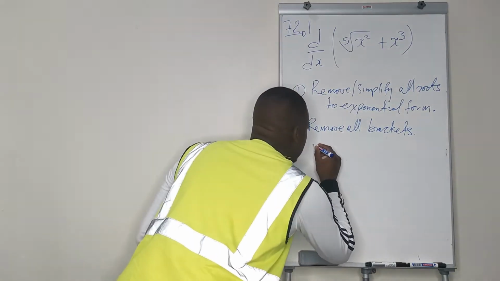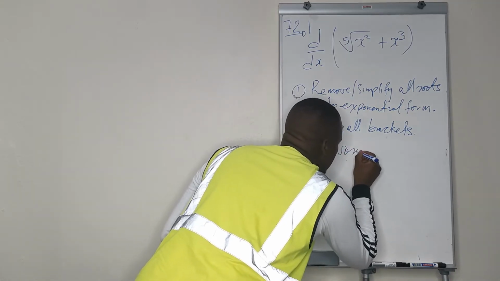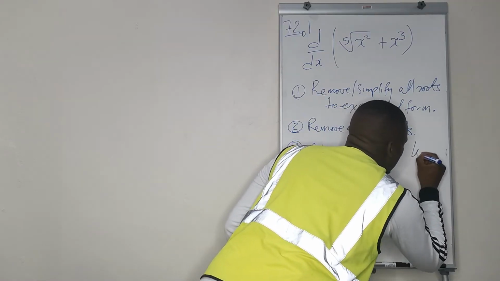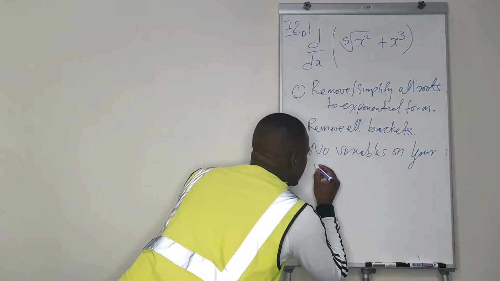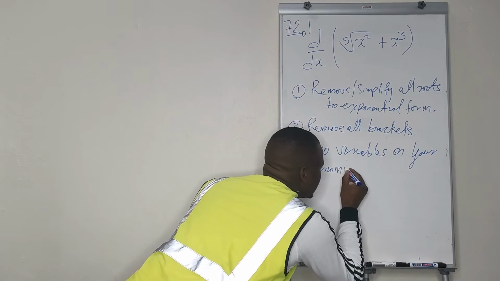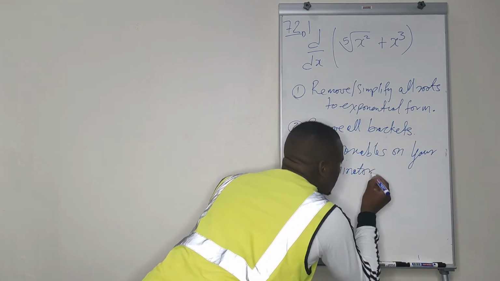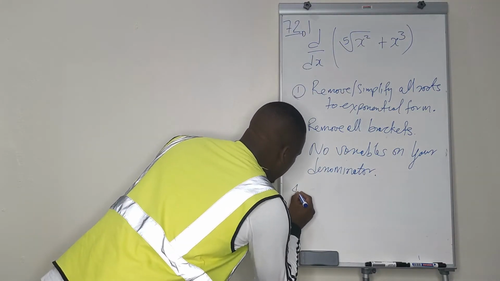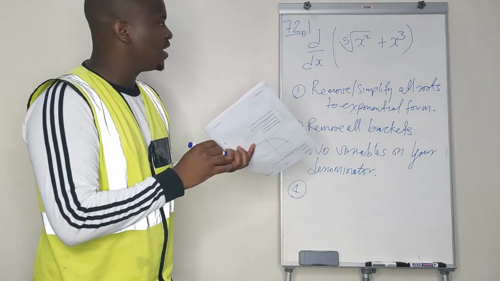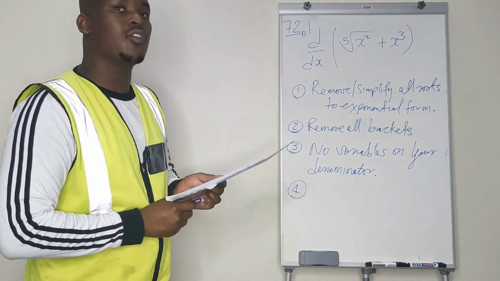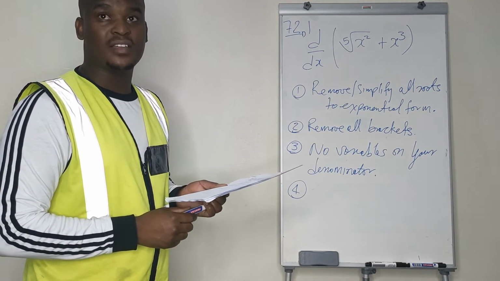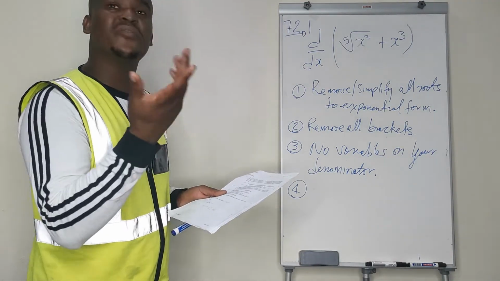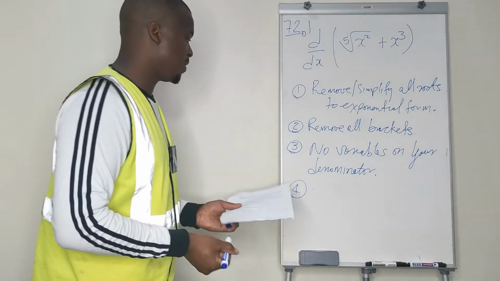So they're saying no variables on your denominator. Right? And the fourth that I can think of, simplify all products. So you must simplify all products.